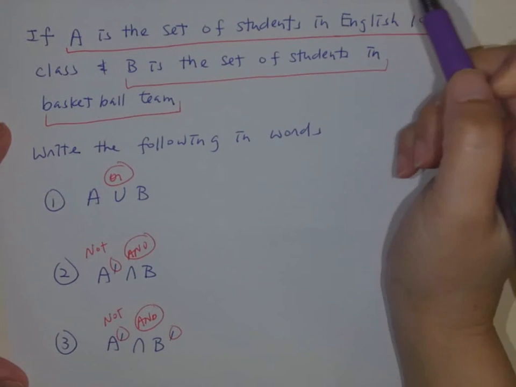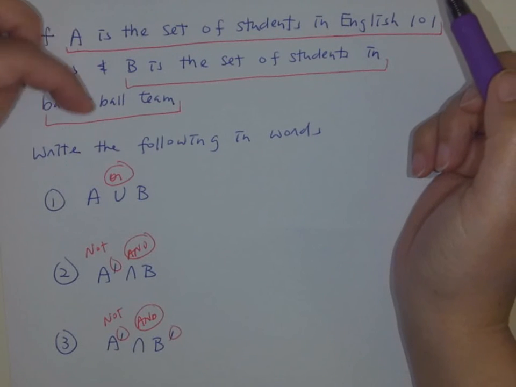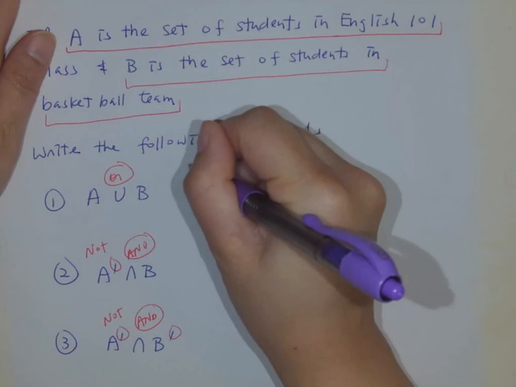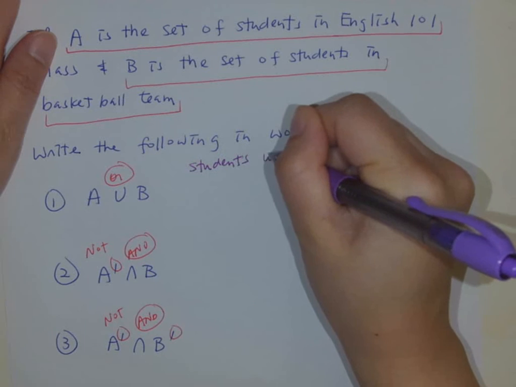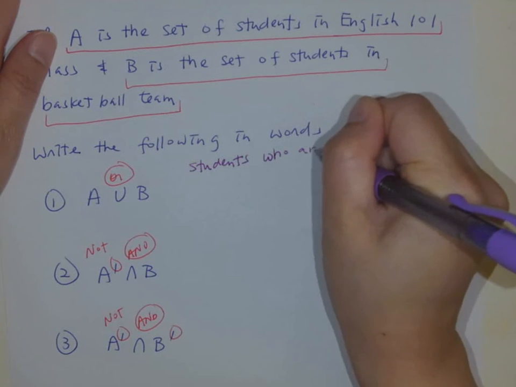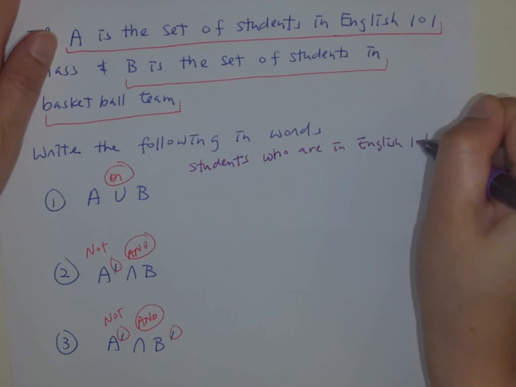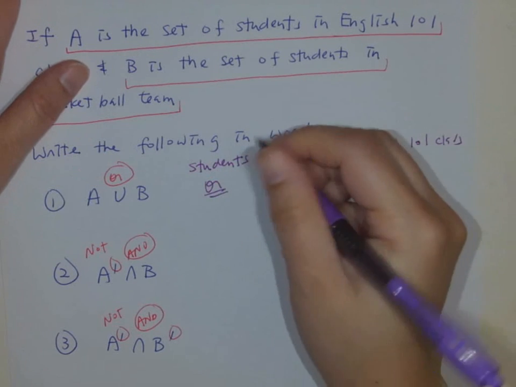First one, A union B is a student in English 101 or a student in the basketball team. So anybody in either one of them would be part of my answer. So I'm just going to write very straightforwardly. Students who are in English 101 class, or, include the keyword, right?